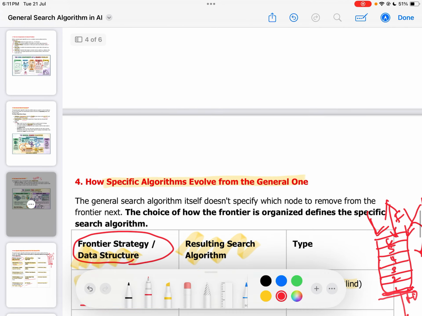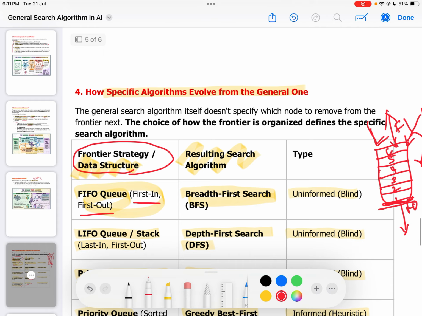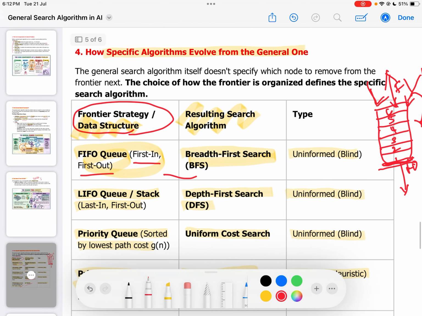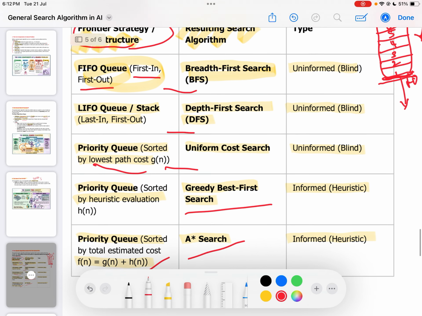Next, today we saw how specific algorithms are implied with data structures. If it is FIFO, first in, first out, breadth first. Last in, first out, depth first. Priority queue with lowest path cost, then uniform cost search.